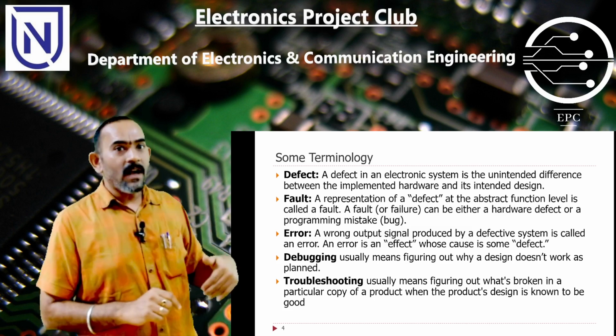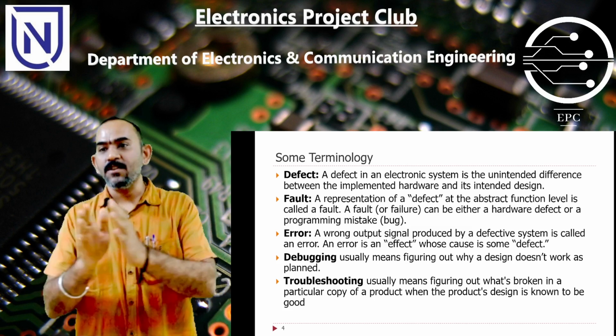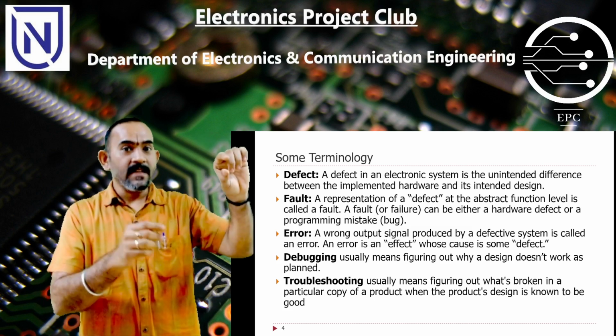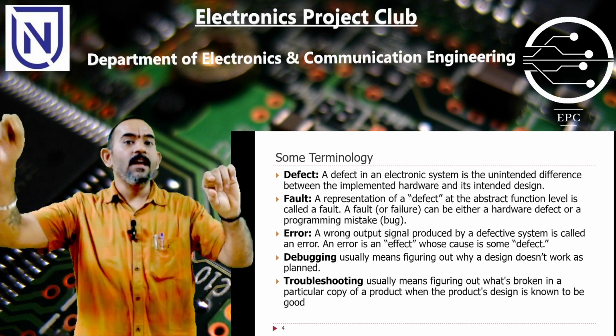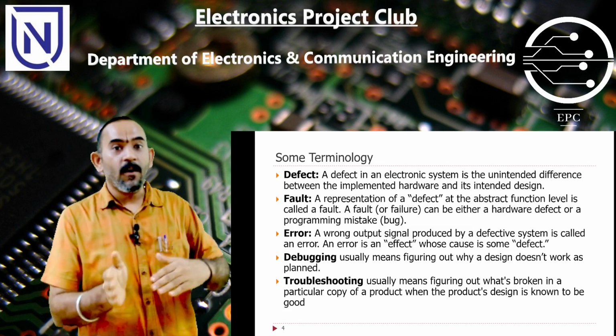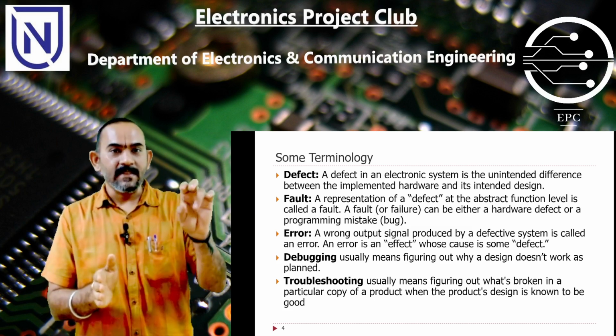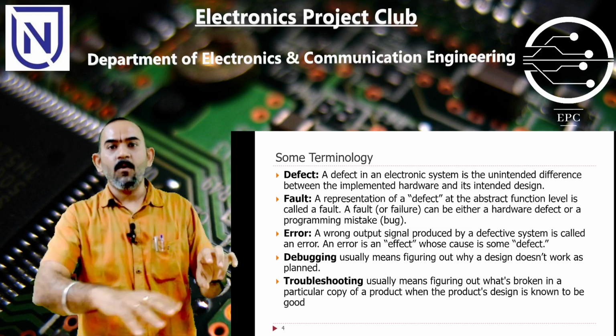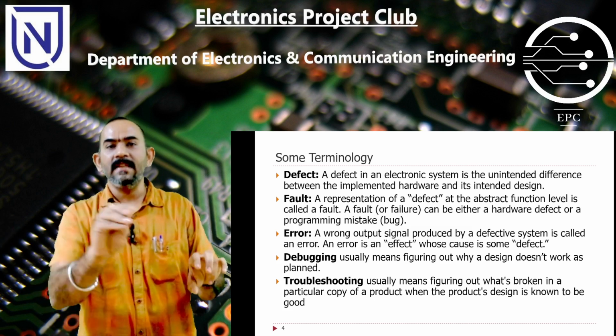Now a fault basically is a representation of the defect. Because of that defect, what happens in the operation of the circuit is the fault. So defect and fault go hand in hand. The defect is the cause and the fault is its representation. How do you find out there is a defect?